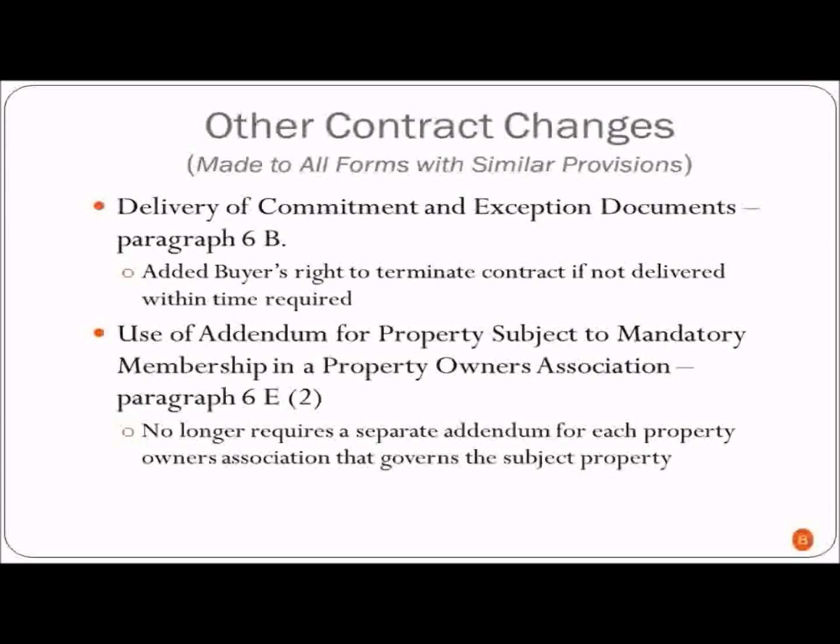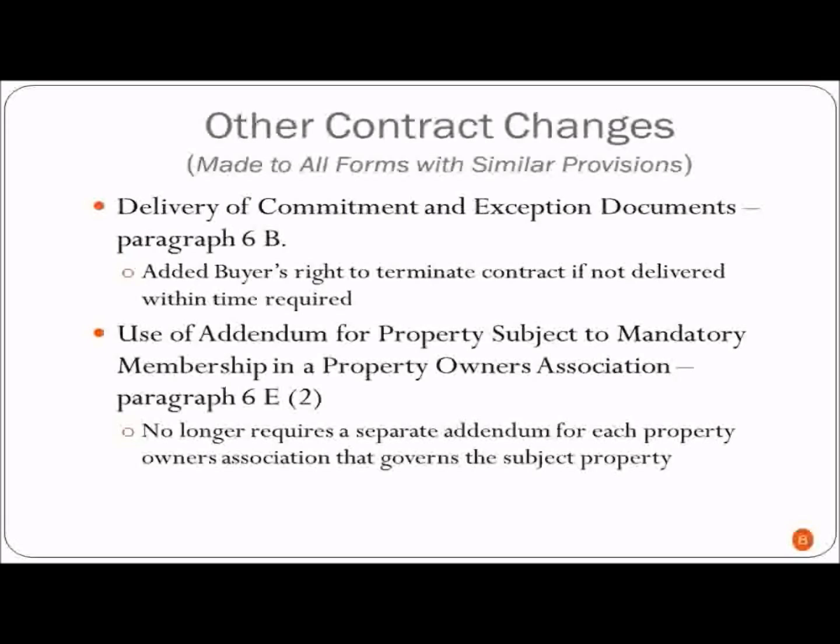That became problematic because oftentimes you didn't even know the names of the associations. So we took out that requirement that you need to use a separate addendum for each association if the buyer is concerned about the information.